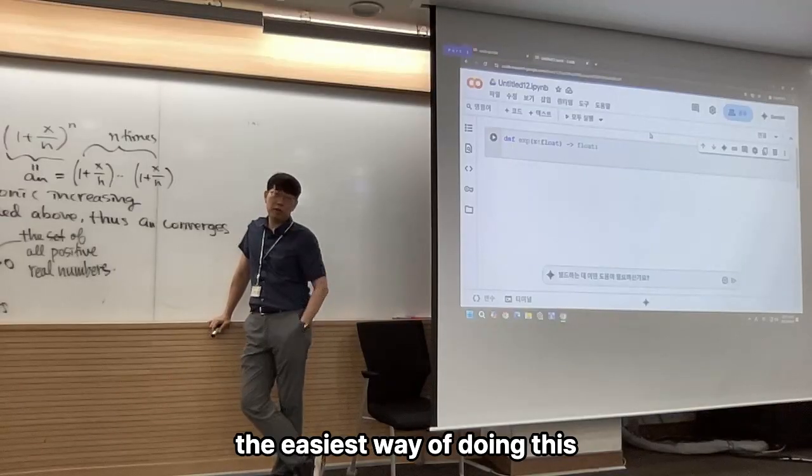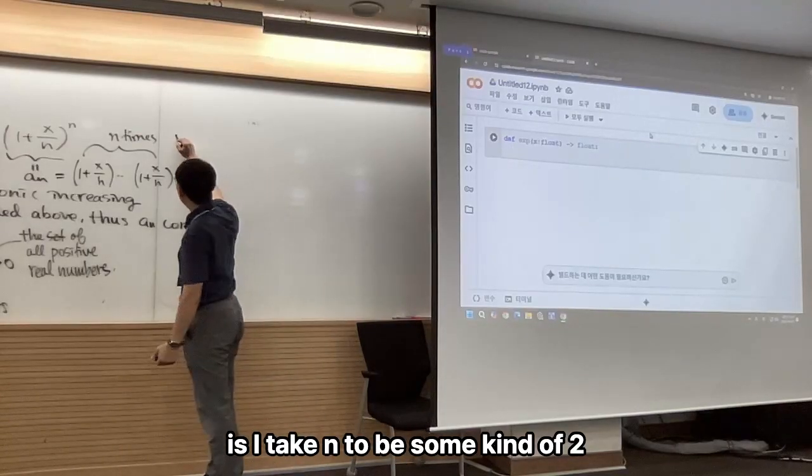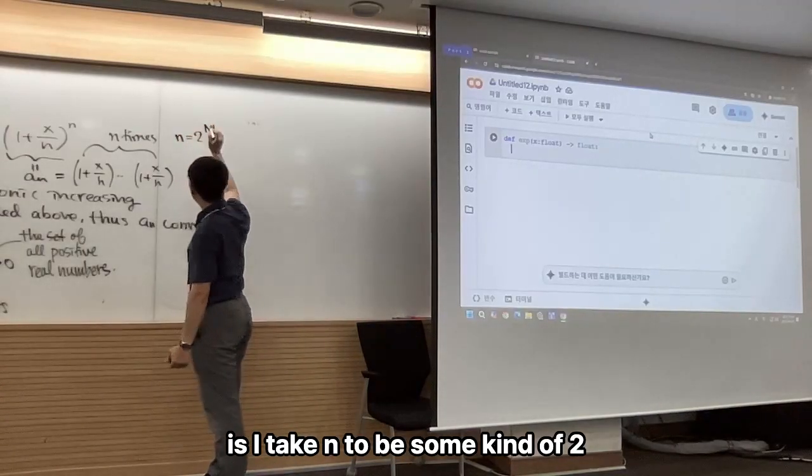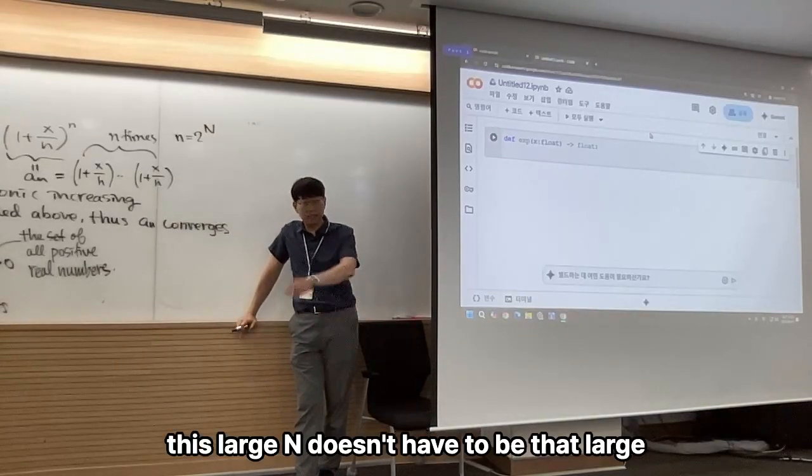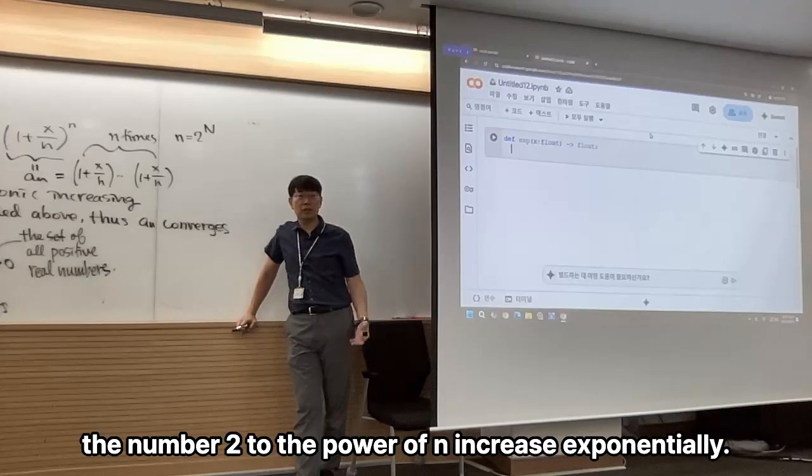So the easiest way of doing this is to take n to be 2 to the power of a large integer. This exponent doesn't have to be that large, because if you increase the exponent, 2 to the power of the exponent increases exponentially.